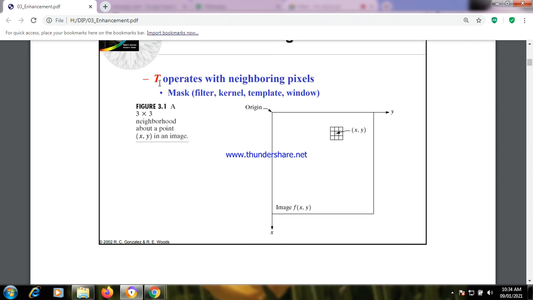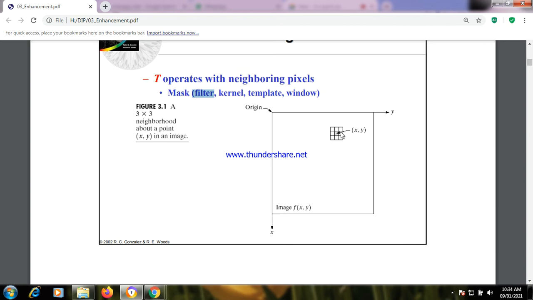So next concept we have is mask or filter. Say this is one image, and it has n number of pixels. Say we are using a filter, or kernel, for this.